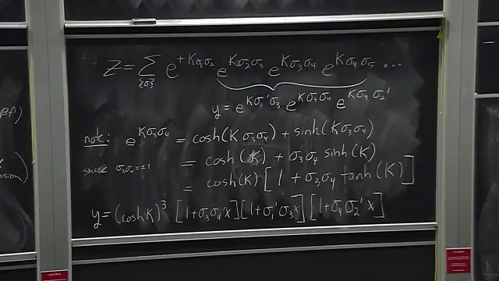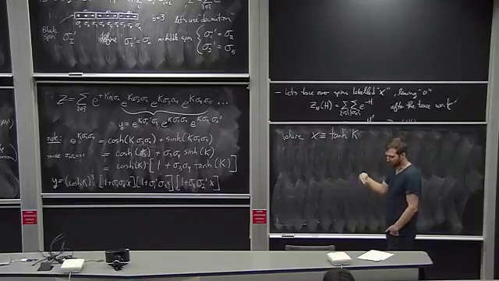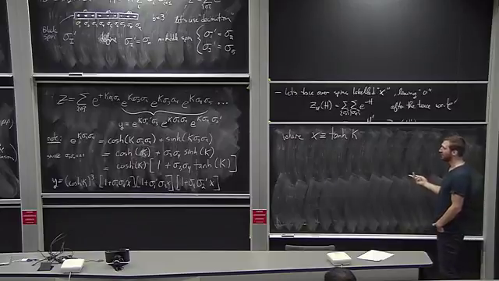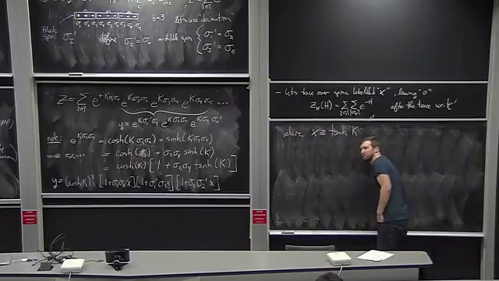So don't forget, x is related to K. K is the reduced coupling, so it's J over T. So the temperature is inside of that K, so x is related to the temperature.